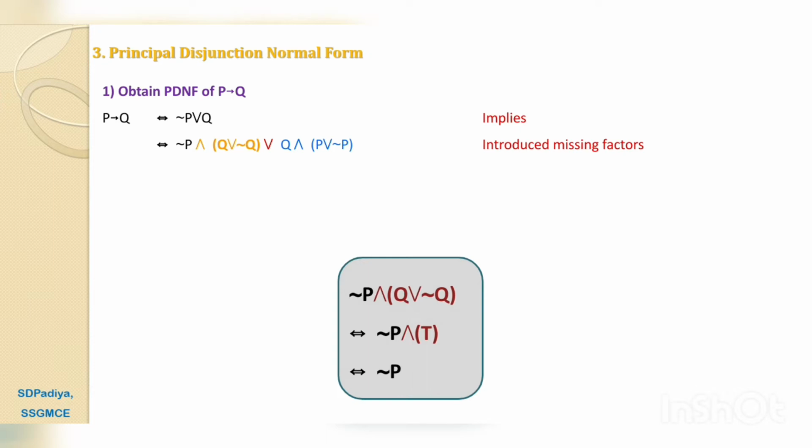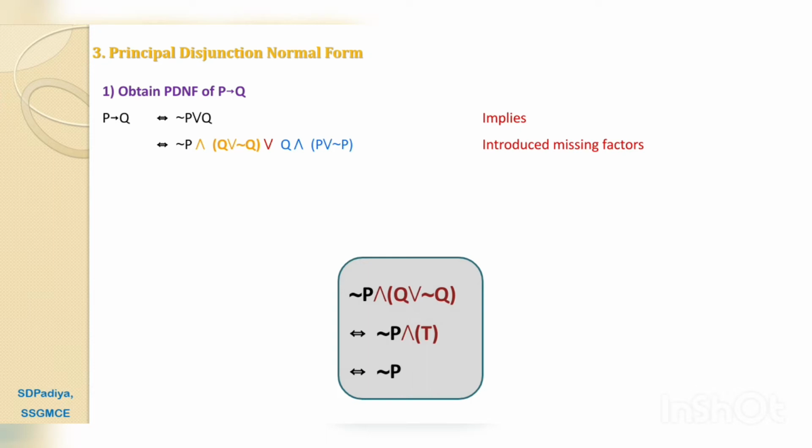Suppose we have not P, then we can write not P and in bracket Q or not Q, because when we write Q or not Q, that means it is T. Then not P and T is finally not P. Just like we write 5 plus 7 minus 7, that is equal to 5.